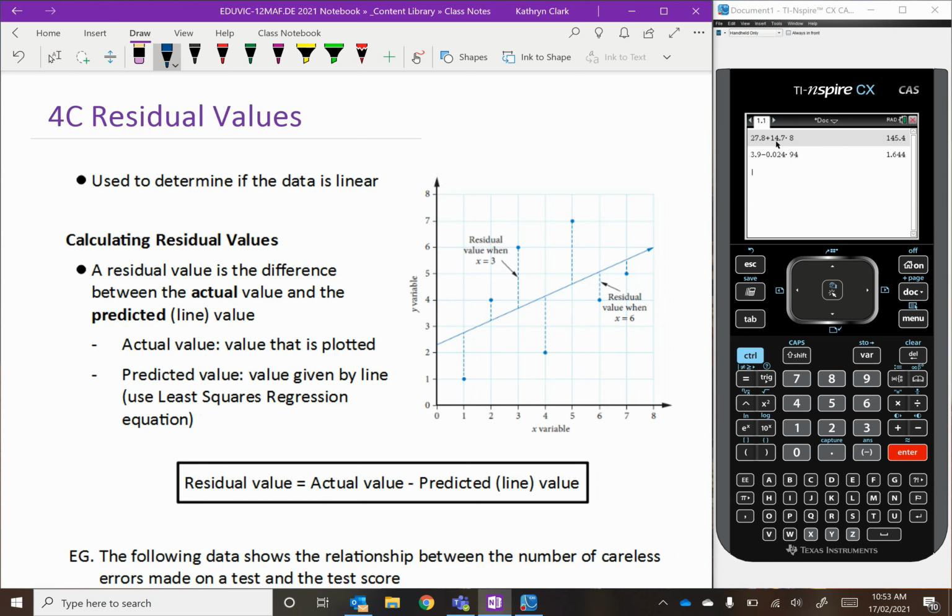And residual values measure the difference between what the line predicts a value should be and what the actual value is. And we use residual values and residual plots to determine if the data is linear. So in other words, it's used to justify your form.